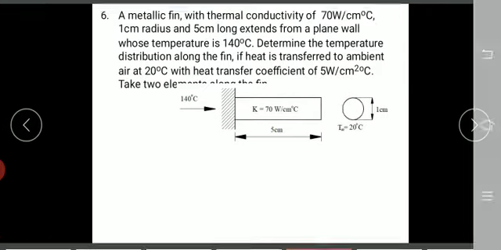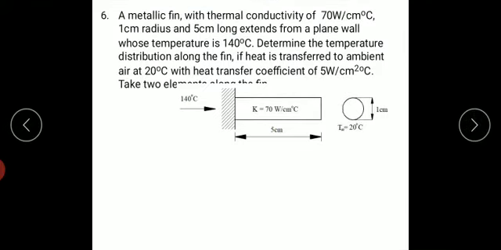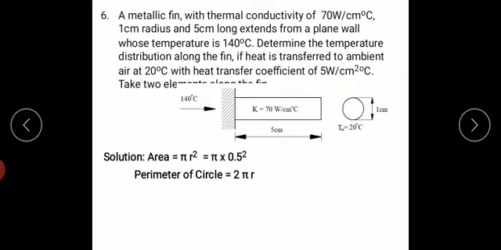The fin is circular. At one end the temperature is 140 degrees Celsius and heat is transferred throughout the fin by conduction. The ambient temperature is 20 degrees Celsius, and H is 5 watt per centimeter square degree Celsius.